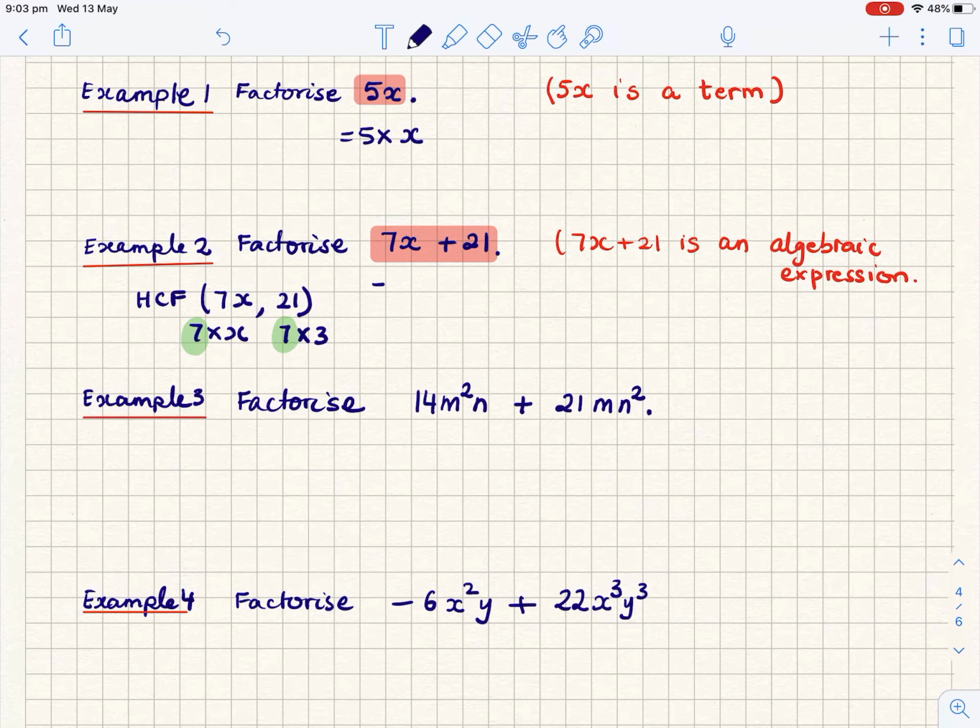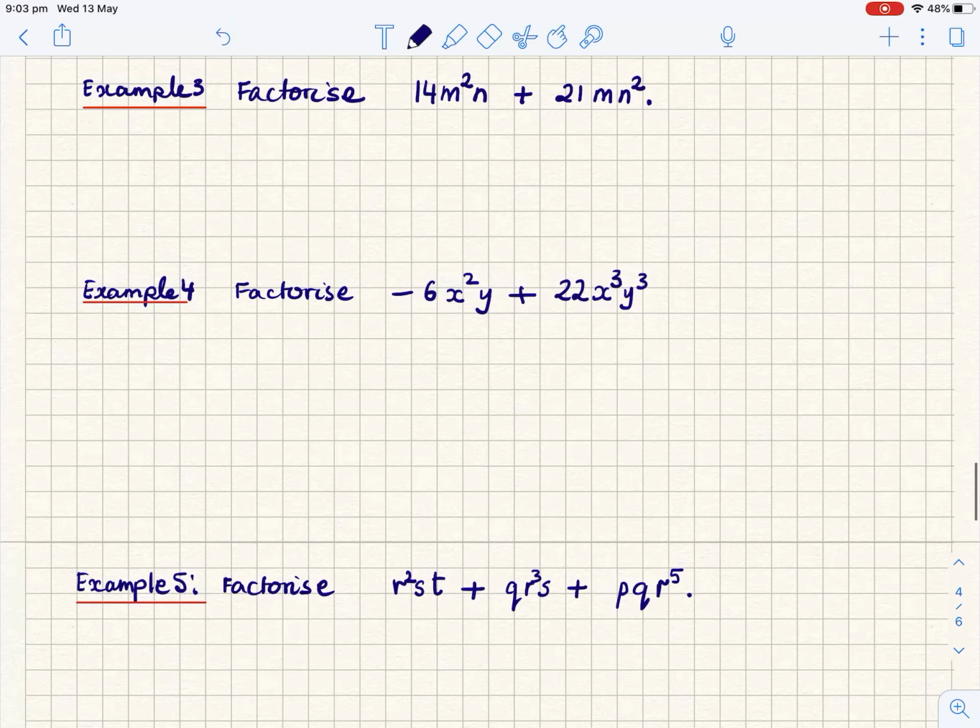So you write 7 outside the bracket and then divide each term by that 7. So 7x divided by 7 is x. Write plus as it is. 21 divided by 7 is 3. So that's factorized form.